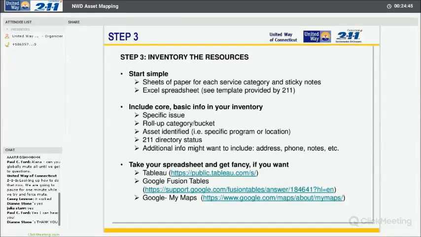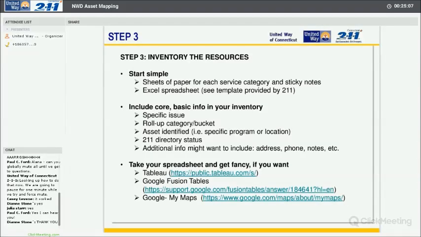We've all done this type of exercise where you have a big piece of paper up on the wall for your meals category, one for your housing category, and as you're identifying various resources and programs, you're writing those program names on sticky notes and putting them up on the sheet of the category where they belong.